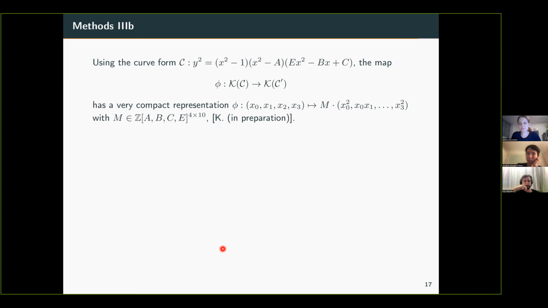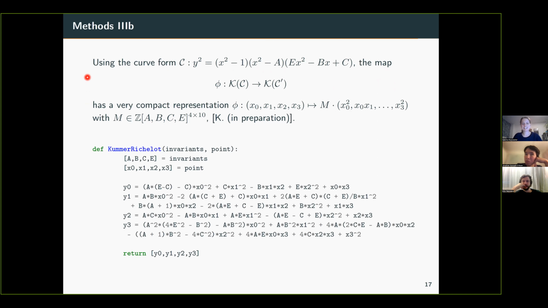Okay, and so now my idea was to use again the special curve from before. If you paid attention, you will see that it's not exactly the same curve form as before, but it's in some way related. It's just because it was easier to work with a degree 6 model for the Kummer surface. And then, using this curve model, one can find very nice formulas for the map on the Kummer surface.